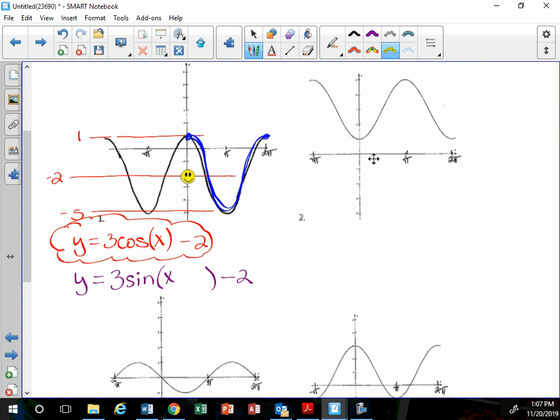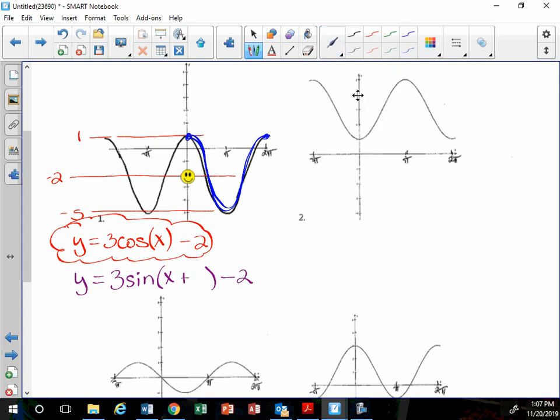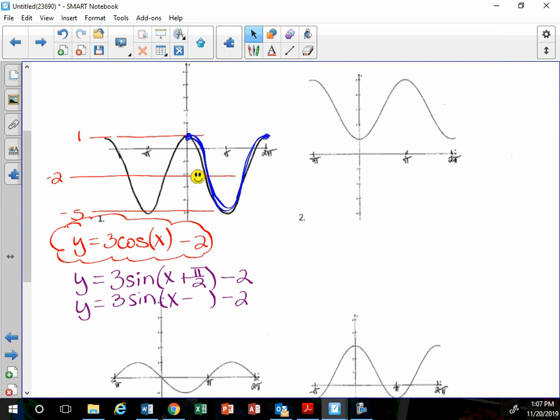Plus pi over 2. Okay, I could do plus pi over 2. What else could I do? What if I wanted to go to the right? How far should I go? Wouldn't I need to go all the way over there? How far is that? 3 pi over 2.